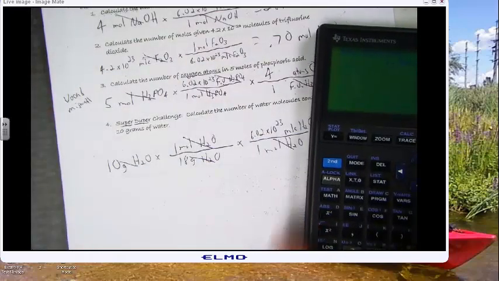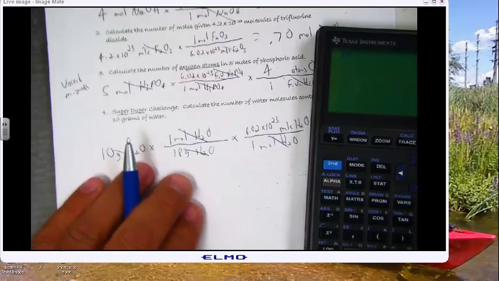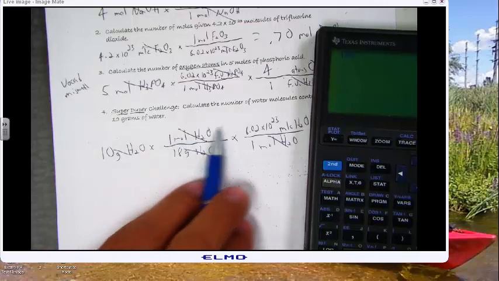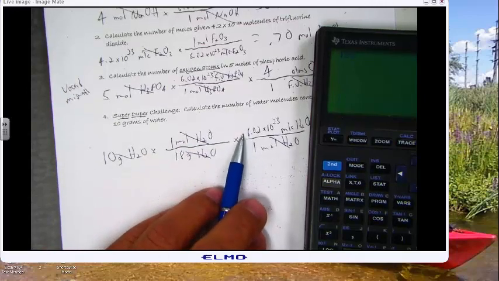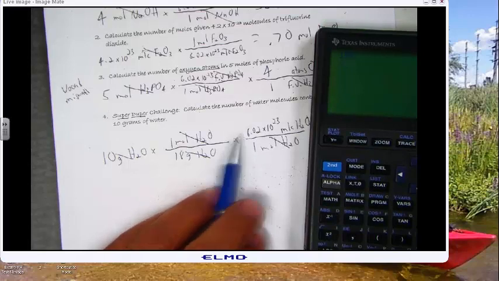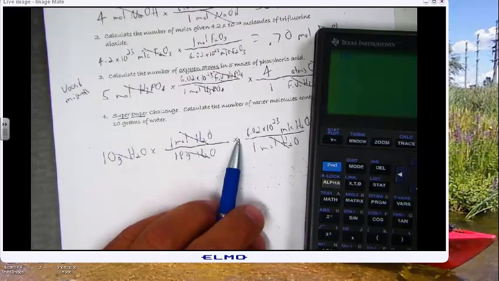Putting that into the calculator, 10. Now, I'm going to ignore the 1, but I'm going to multiply by 6.02 times 10 to the 23rd because it's on top. So 10 times 6.02, second function E, 23rd.